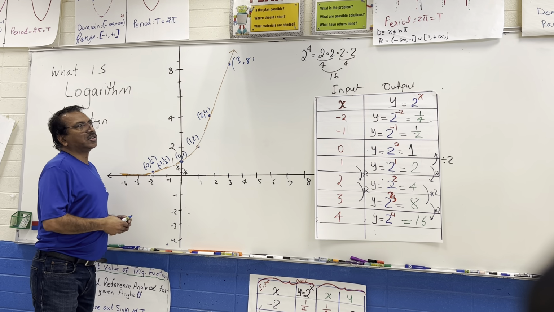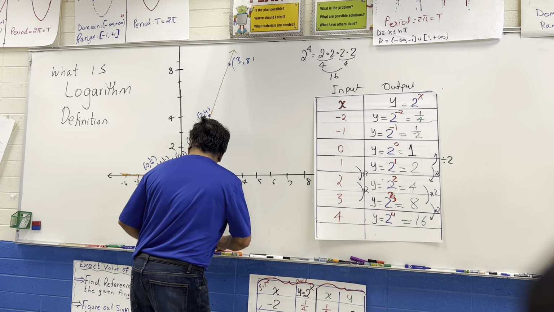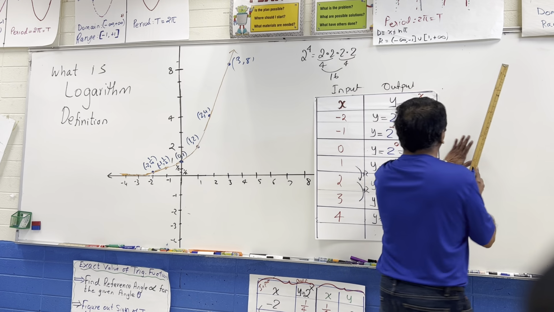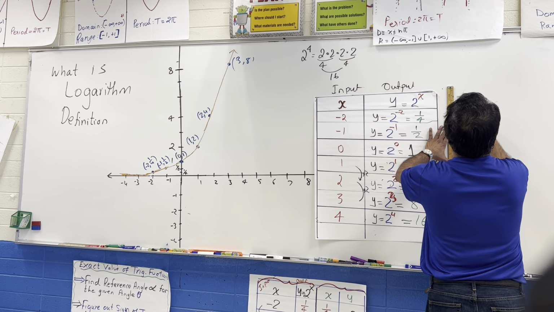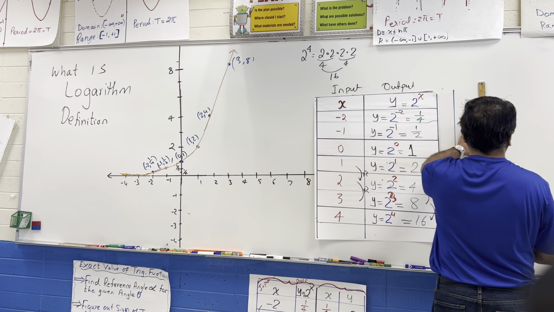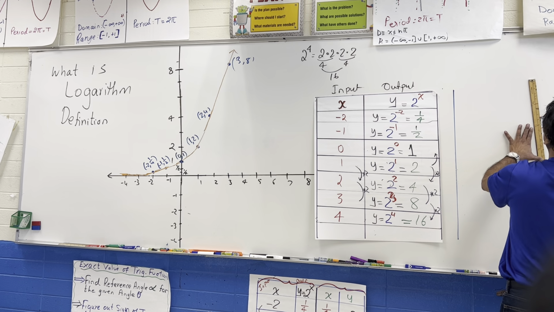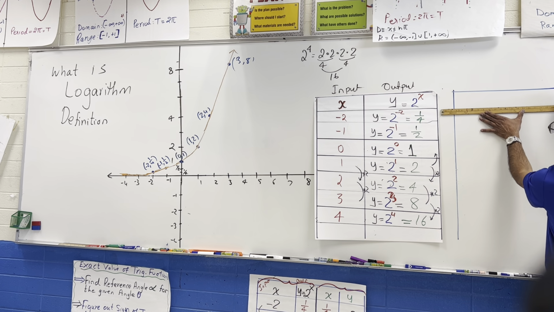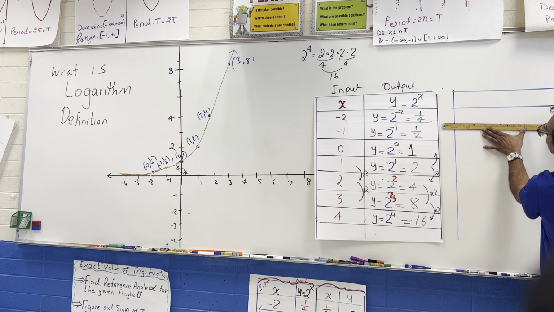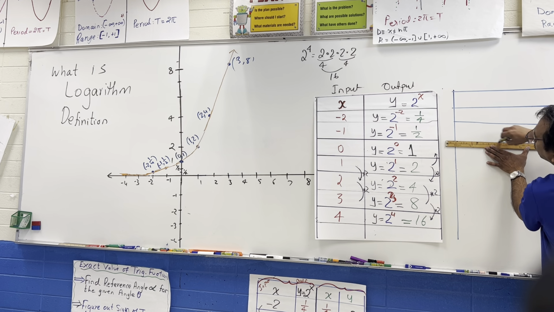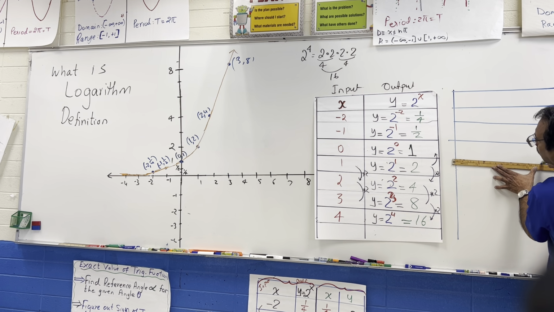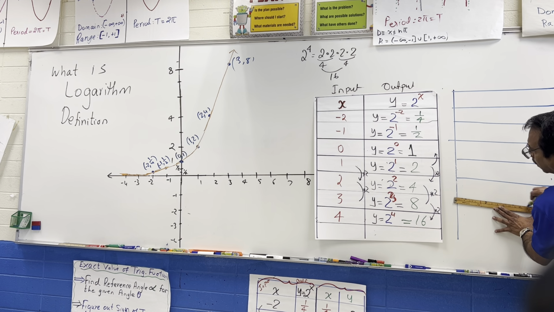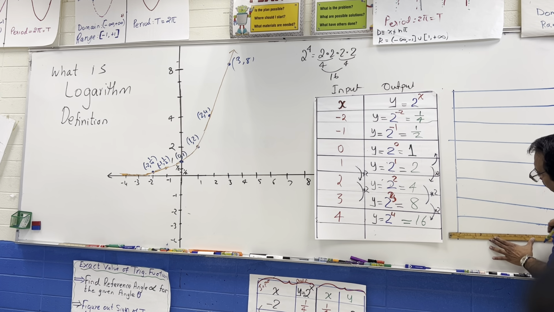Now what we want to do is just flip this. So I want you to make a table on the right side, make another table quickly. Okay.